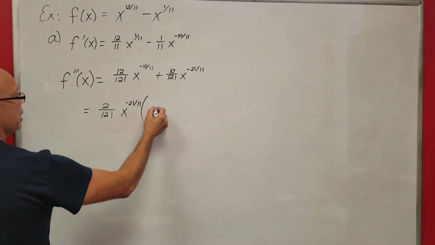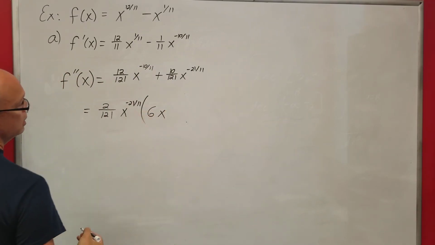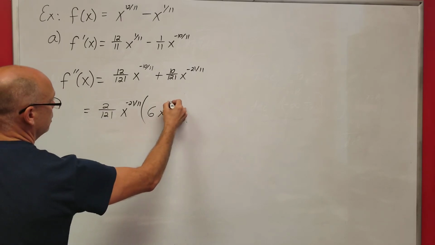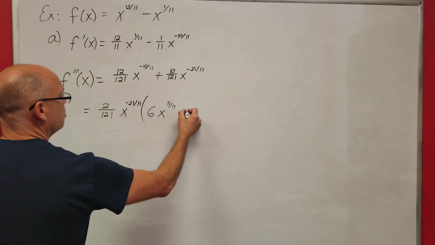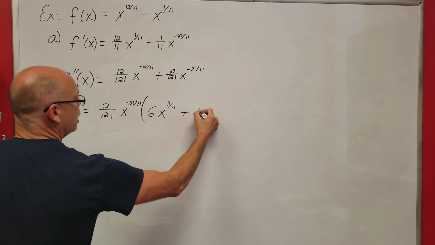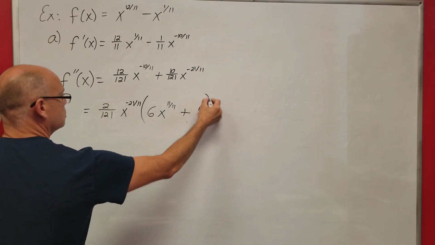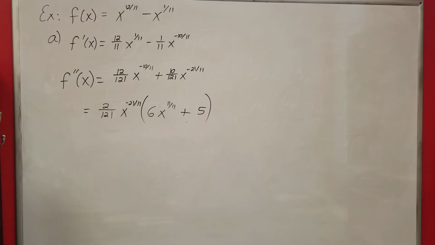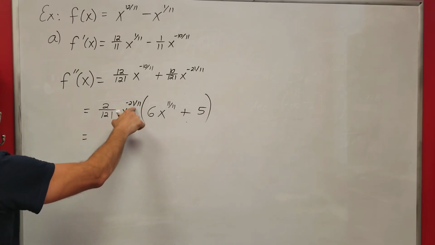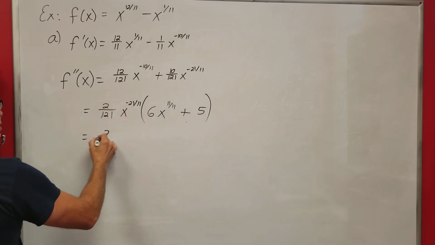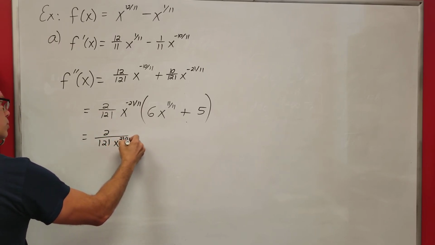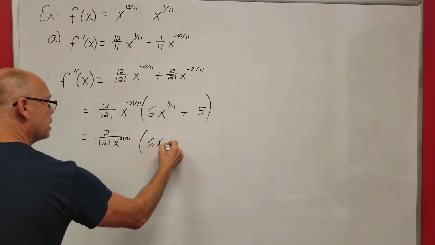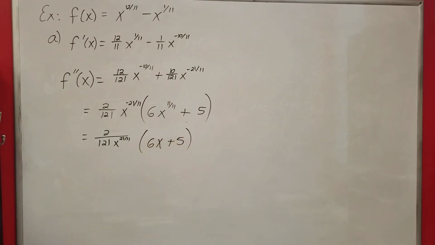That gives me 6x plus 5. Let me bring this to the denominator. So that's 2 over 121 times x to the positive 21 over 11 times 6x plus 5. There's my second derivative.